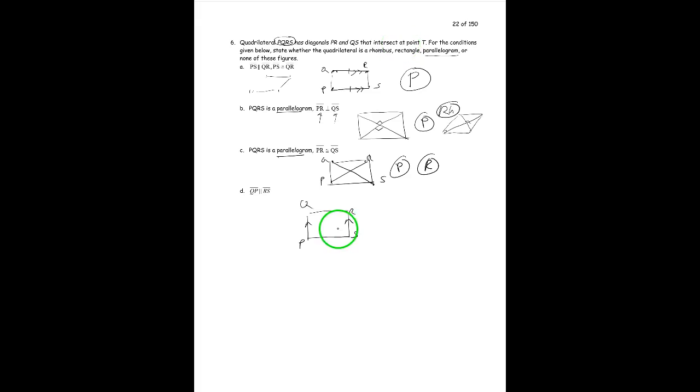All that we know that could be possible here is that it could be a trapezoid. For example, I could draw something like this, and these sides would be parallel, but it wouldn't be a rhombus, a rectangle, or a parallelogram because of that. So for that reason, this one is none.